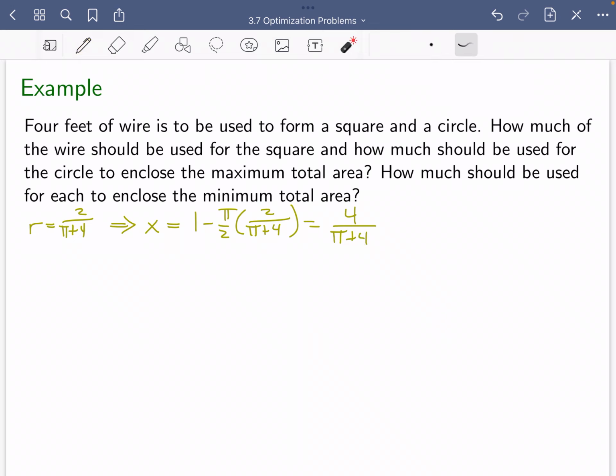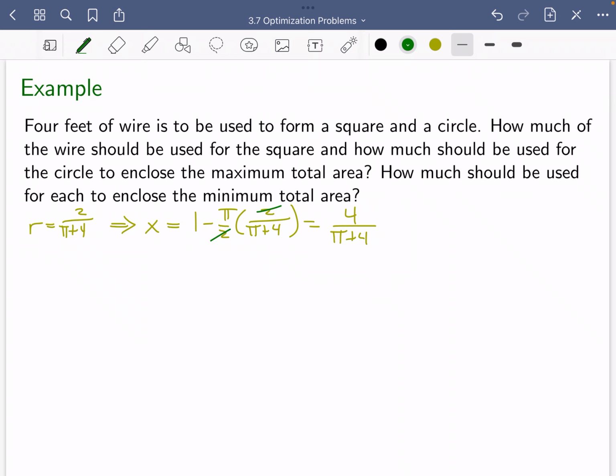So the 2's here cancel, and then if you were to get a common denominator, you would have pi plus 4 as a common denominator between the 1, so multiply this by pi plus 4 over pi plus 4, minus the pi, leaves you with just 4 on top, and your pi plus 4 in that denominator.